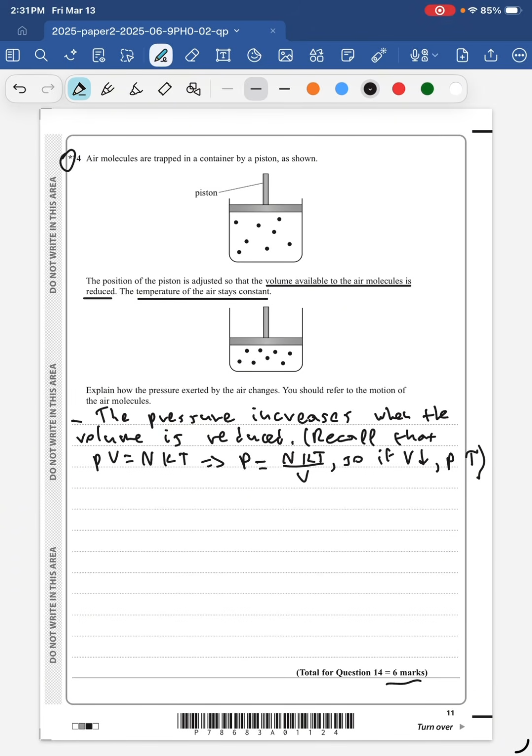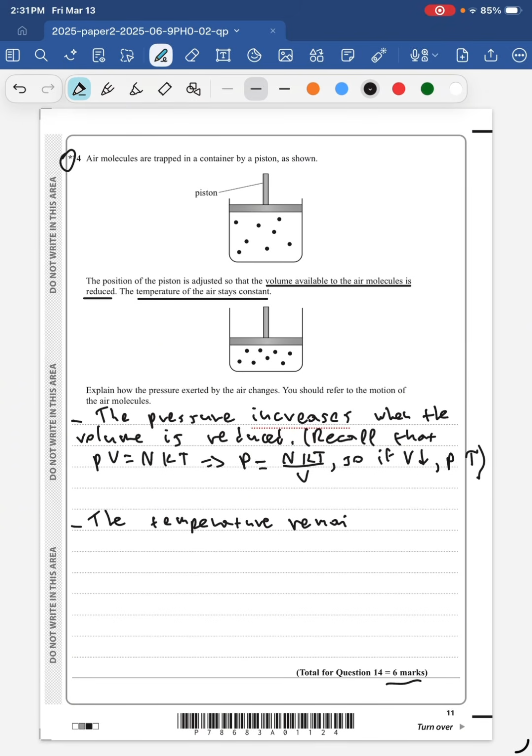In this case, the number of molecules N is the same. I mean, nothing escapes the piston, right? The temperature is kept the same. I mean, they tell us that. So the volume decreases, therefore pressure increases. Okay, second observation, the temperature remains constant.